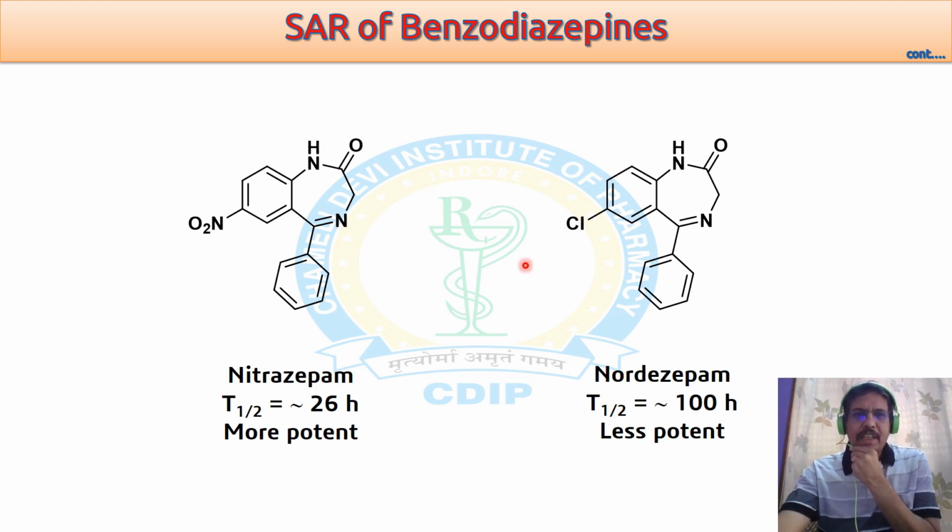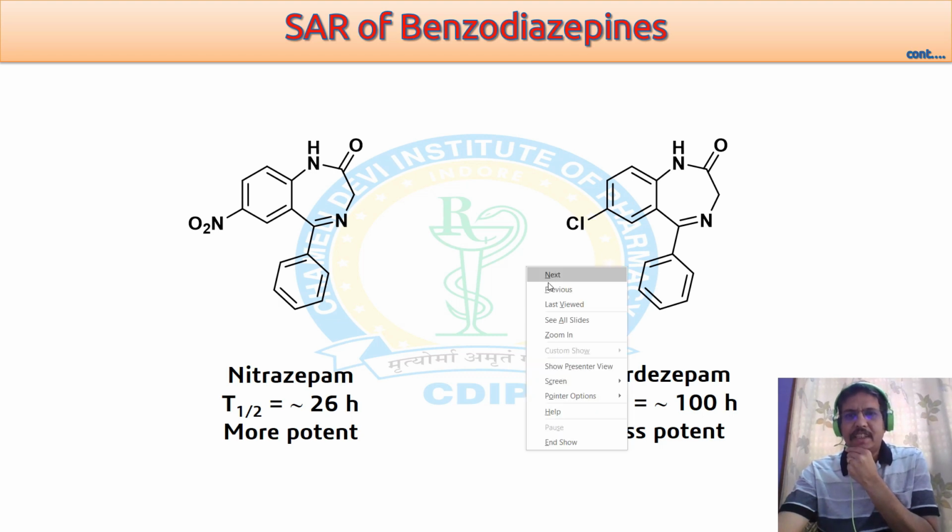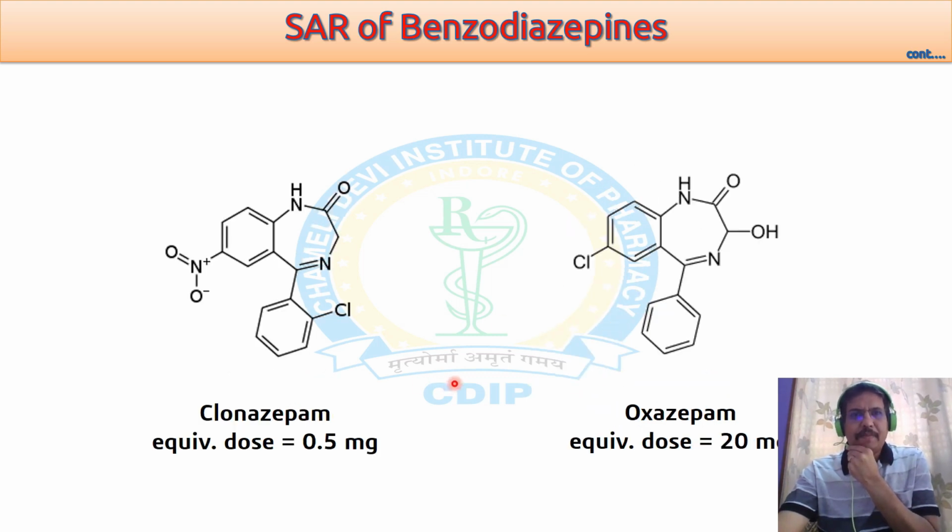So ultimately the 7 position is favored by an electron withdrawing moiety, and if you have the electron withdrawing property of the group or moiety in a higher fashion, then definitely the potency increases accordingly. Similarly, the other compounds, which are not congener type or completely analogs, but where some modification occurs, like clonazepam, which has a nitro group at the 7 position, and oxazepam, which also has a chloro group.